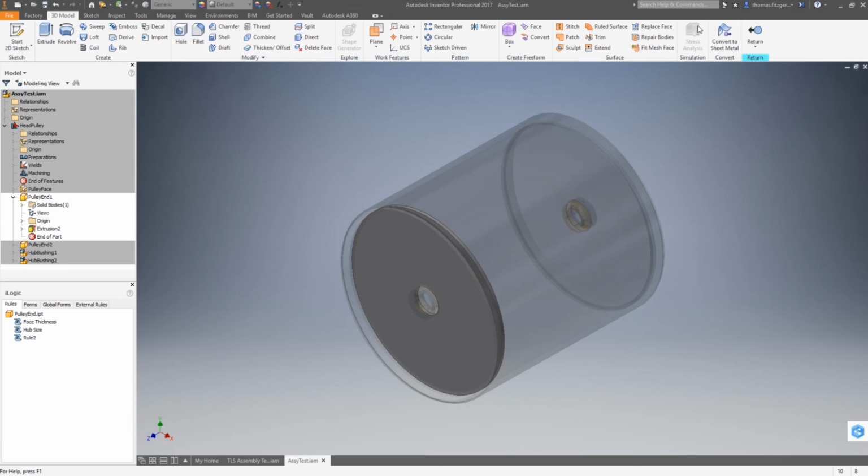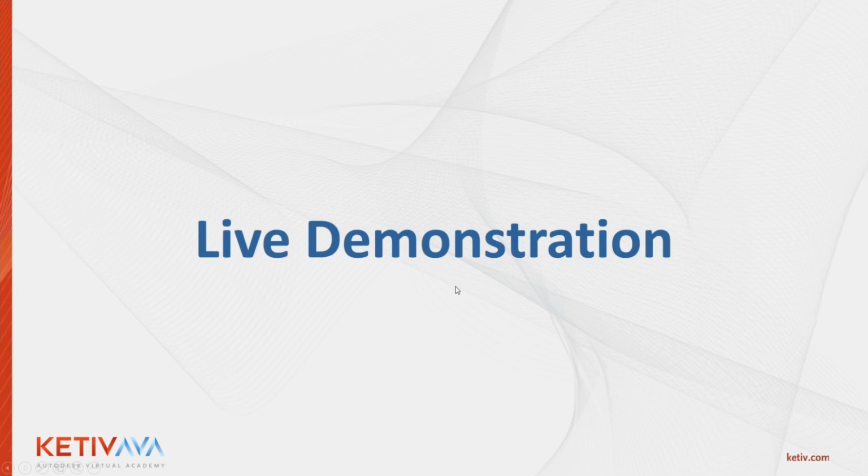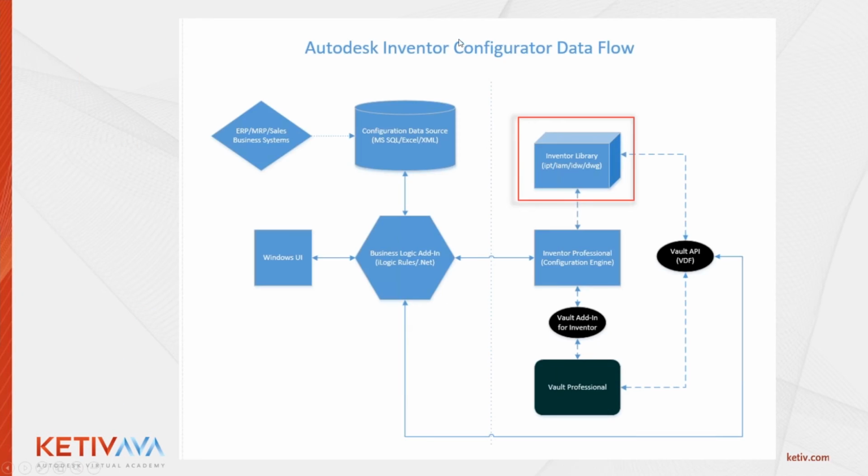One of the things that is important, if we go back here to our PowerPoint and look at our workflow. In terms of configuring the design automation, we're working with either static or dynamic parts within our library.